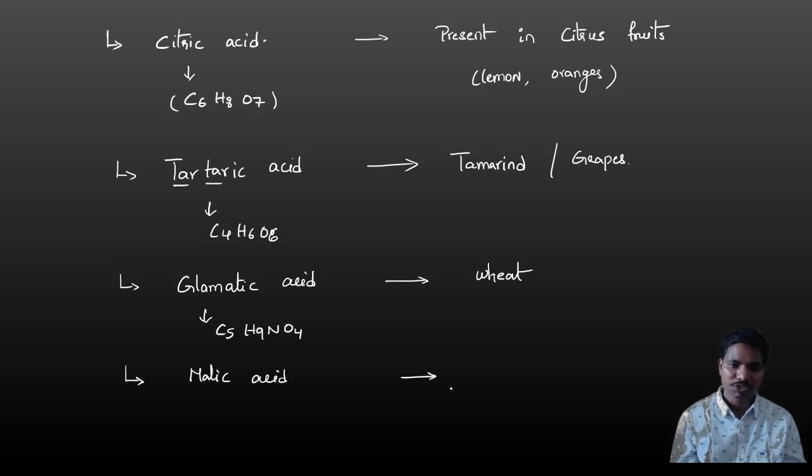Malic acid is present in apples. Very important: malic acid is present in apples. Formula C4H6O5. And coming to tannic acid. Tannic acid is present in tea.